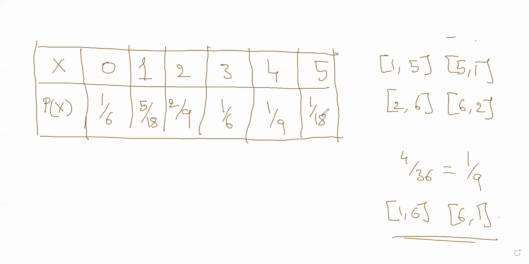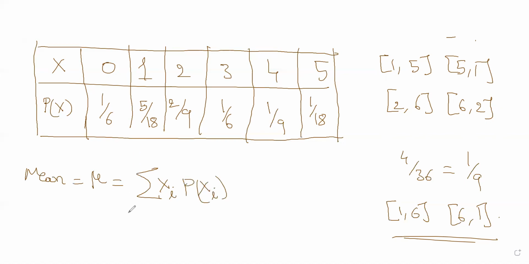Clear? Now very simply, what we have to do is find the mean. Mean is mu, which is sigma xi p of xi, right?